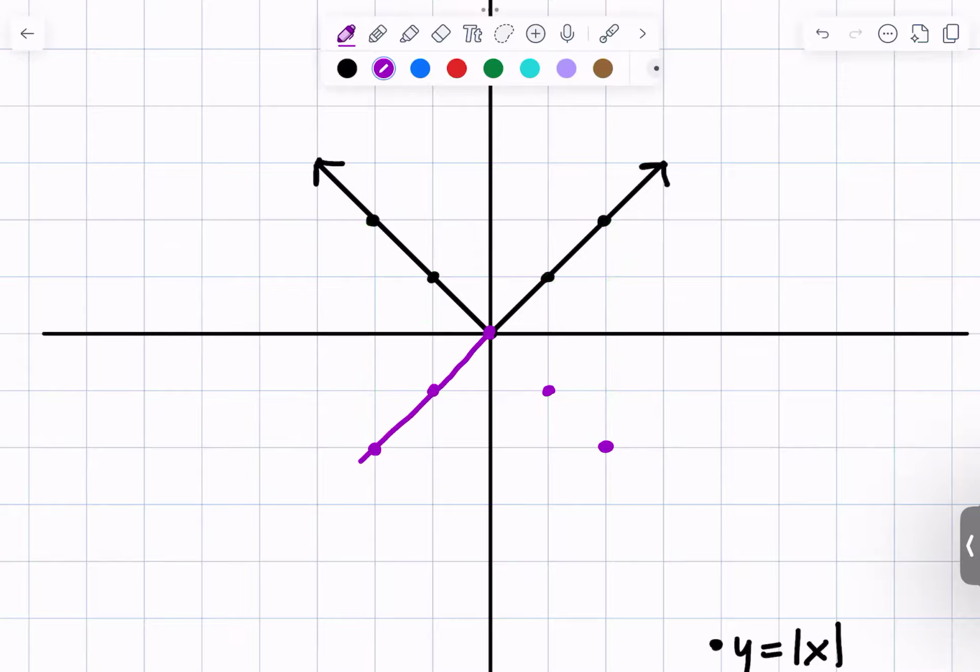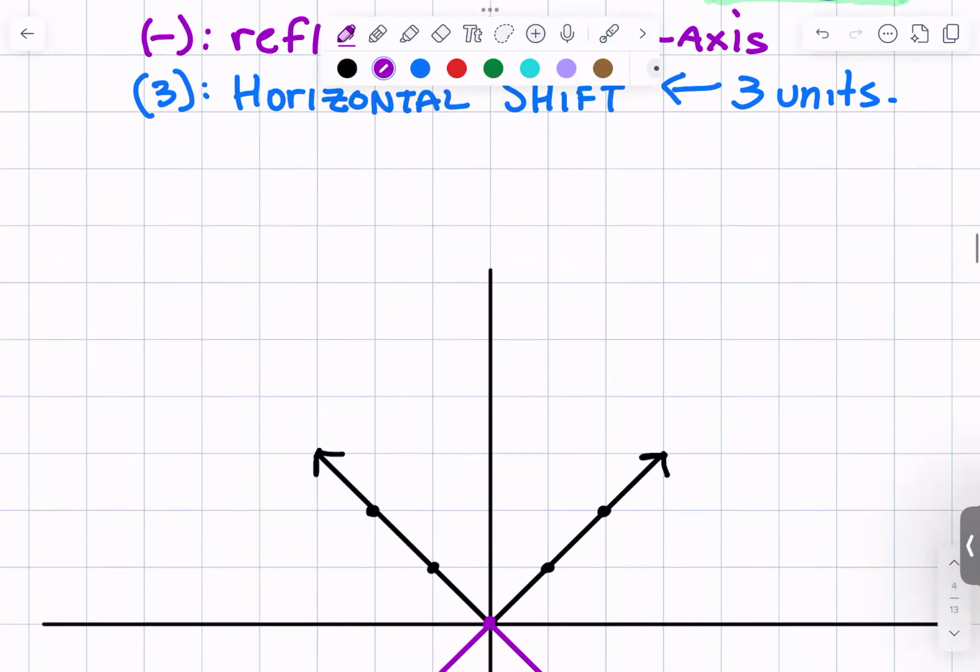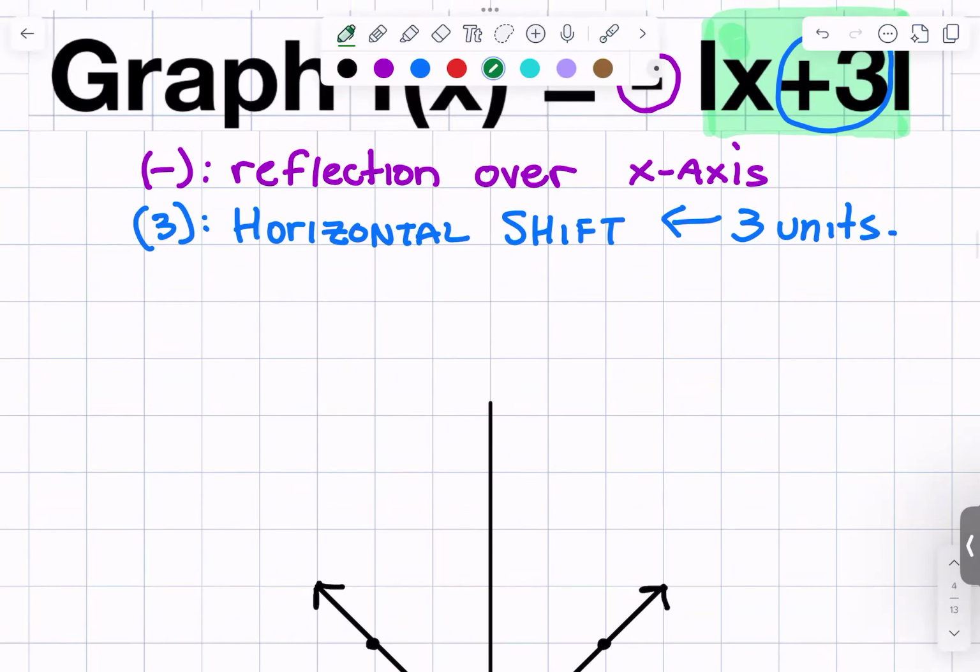Notice that I reflected first before I shifted. That was on purpose, class. Yeah? Because the big rule about graphing, and when we have multiple transformations, we must shift last.